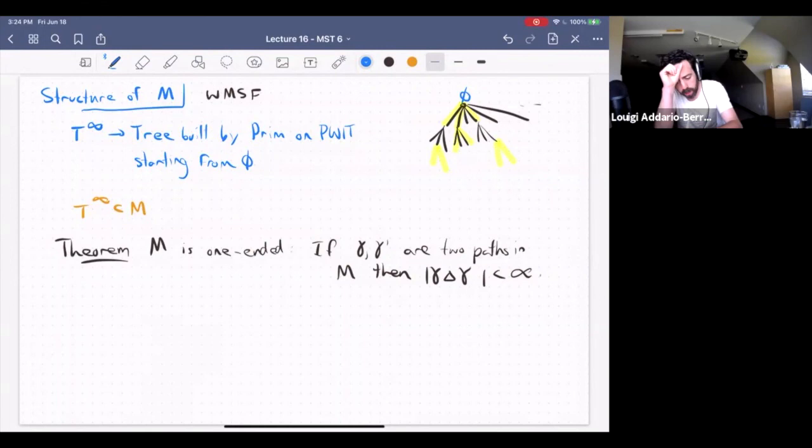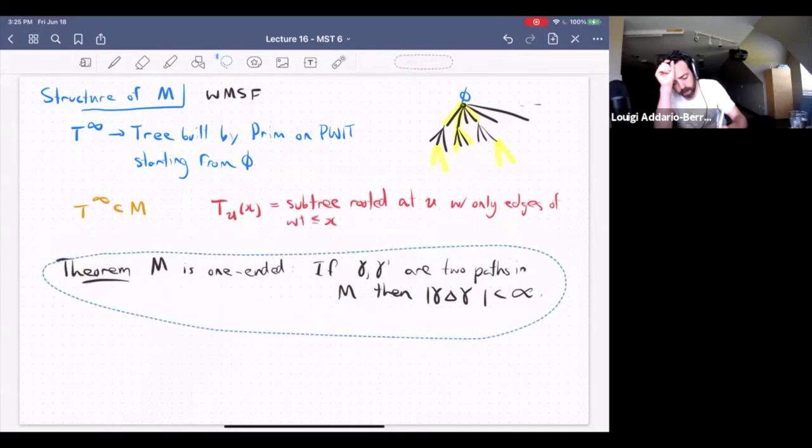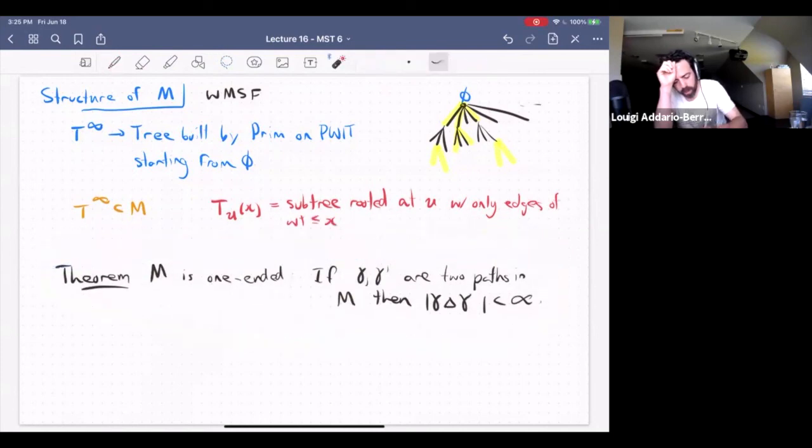I am going to use the notation. So there's one other sort of tree that's going to come up today, which I'll write like T_U^X. So this is like the subtree rooted at U, with only edges of weight at most X. I'm pretty sure I used this notation in the last lecture.